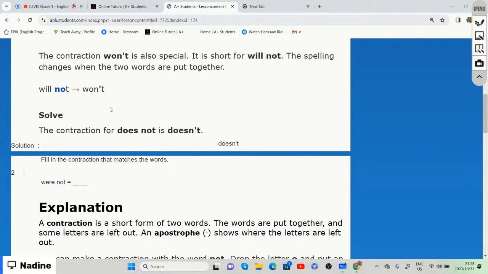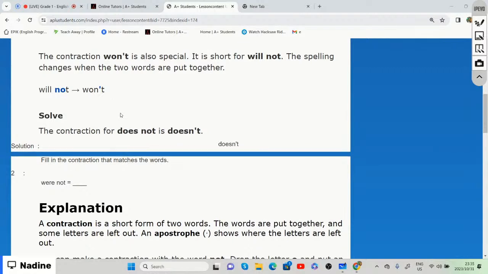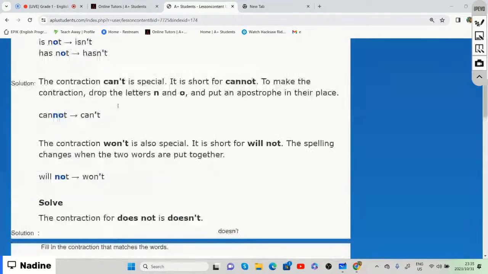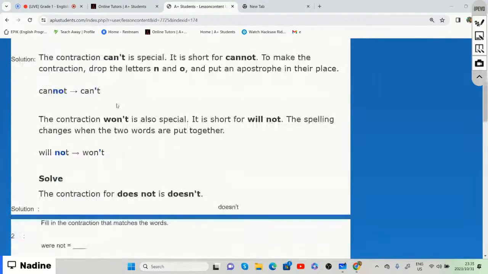But with will not, it's as if the contraction changes. And that's why we also say that will not is a special contraction. So will not is won't, right? And the contraction won't is very special and it is short for will not.